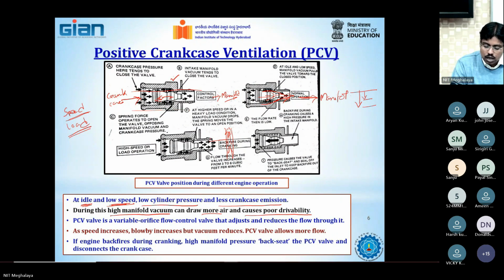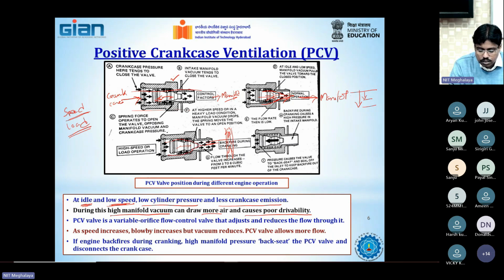In that case, the bob is slightly released. It is not dragged to the right-hand side. When it is slightly released, the passage is fully open.